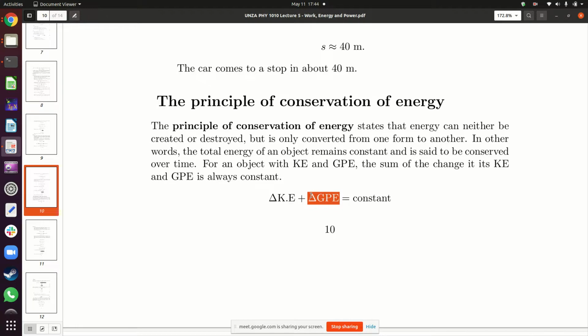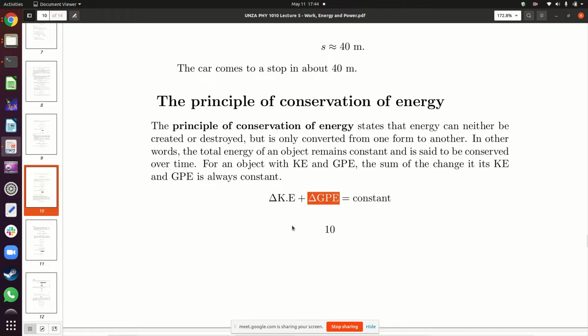So on a flat surface, your object does not gain gravitational potential energy, your object does not lose gravitational potential energy. However, that does not mean that your object will continue to slide forever, because we know that if an object is sliding, it eventually has to come to a stop.